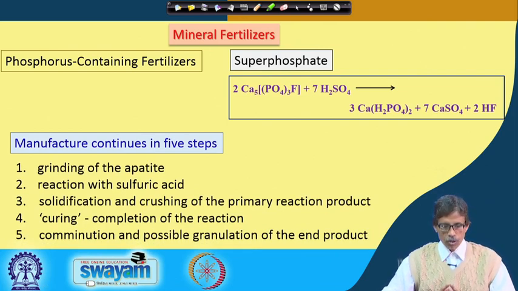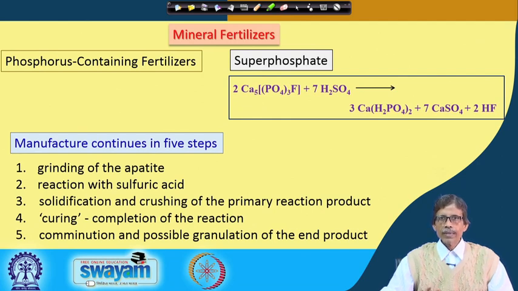So, your starting material is your apatite, and that apatite we grind it. In the industrial sector there is a grinding part. You have to grind the apatite and a very fine powder form is obtained, and that powder can now be allowed to react with sulfuric acid, because sometimes there are very big lumps, very big blocks of these apatite molecules.